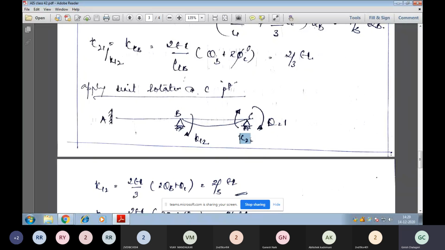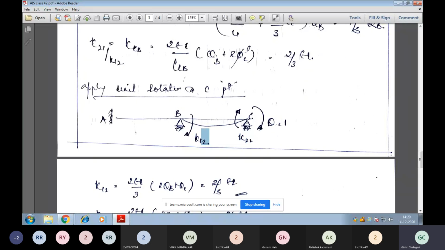So what is K22? Stiffness at the second coordinate joint due to a unit moment applied at the second joint. Similarly, K12 will be the stiffness of the member at the first coordinate joint due to a unit rotation applied at the second joint.